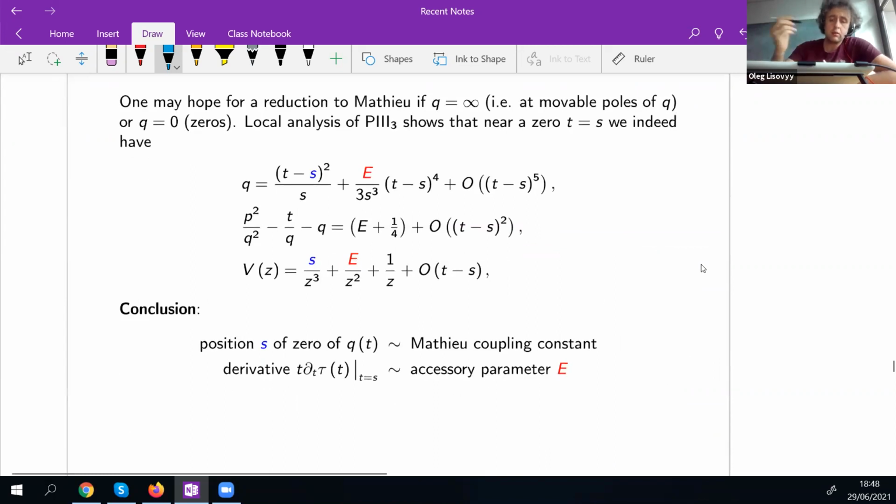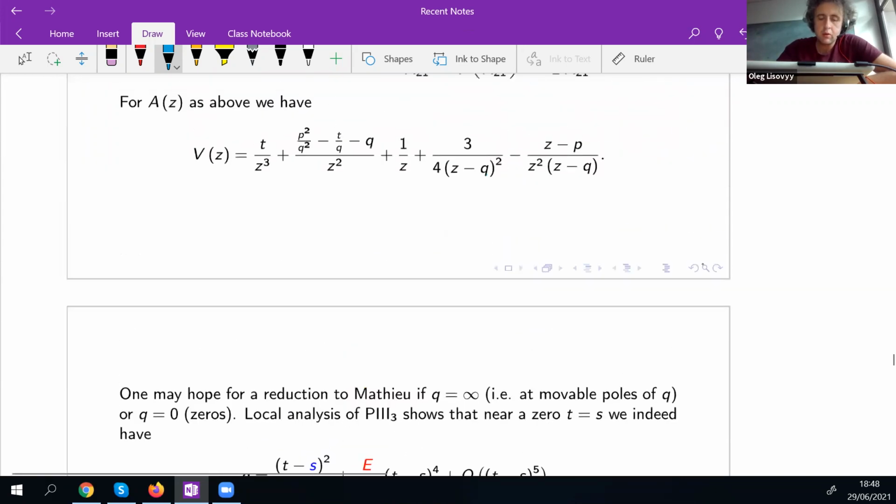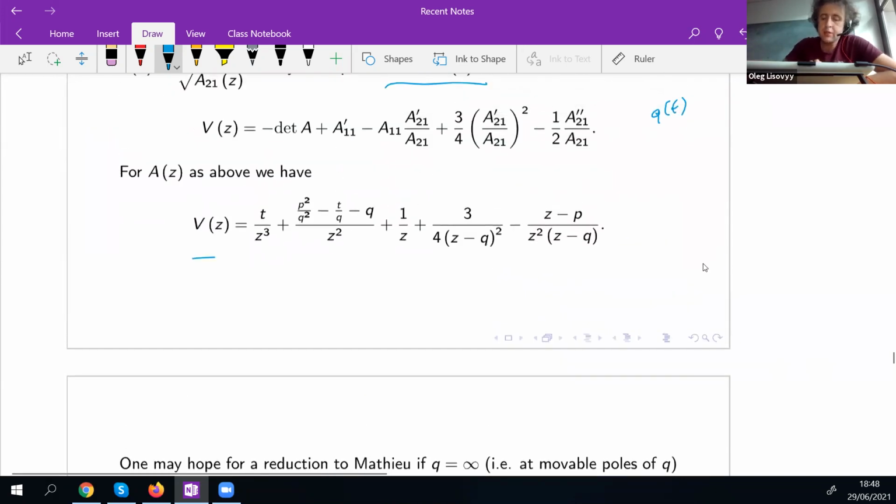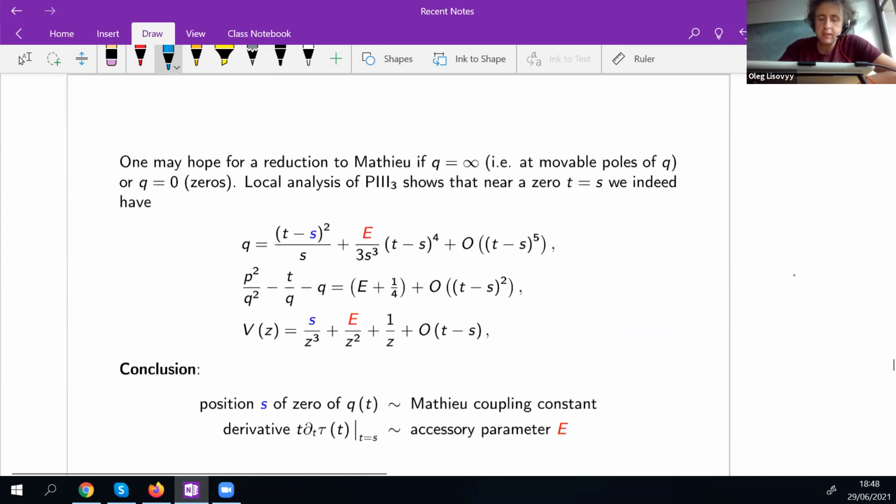Indeed, if we do a local analysis of solutions of Painlevé 3, then it is fairly easy to check that near any zero in the complex plane, the expansion of different ingredients of our potential has this form here.